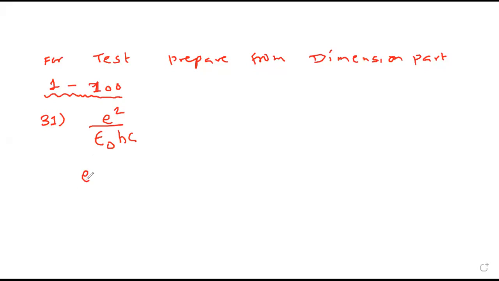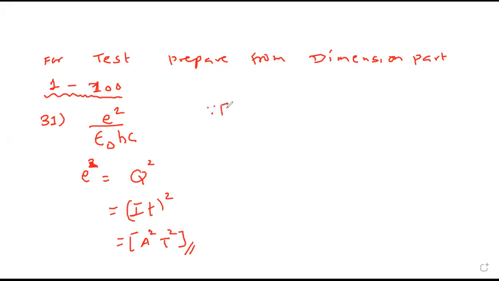Charge has unit coulomb. So e square is same as charge Q square, which is IT the whole square, so it becomes A2 T2.